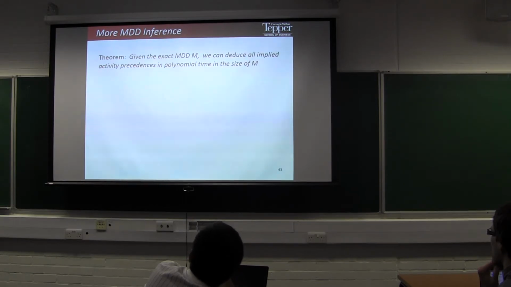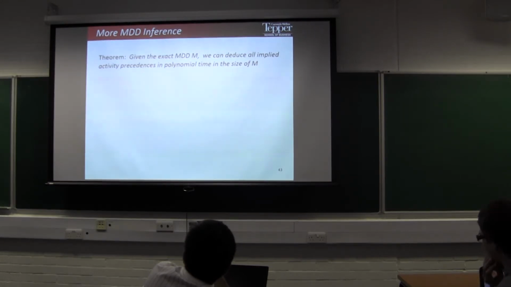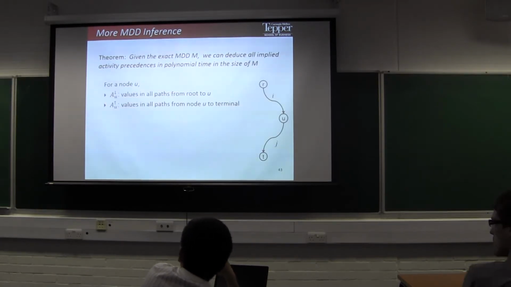What may be interesting is that you can do this in polynomial time. It's particularly interesting because you are not giving me the exact MDD, but you're going to give me the relaxed MDD, and I can apply the same mechanism to deduce all precedences for a relaxed MDD as far as I can.